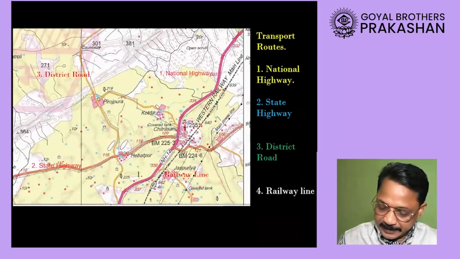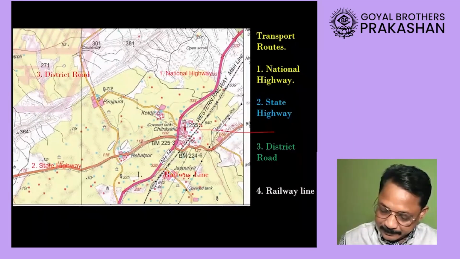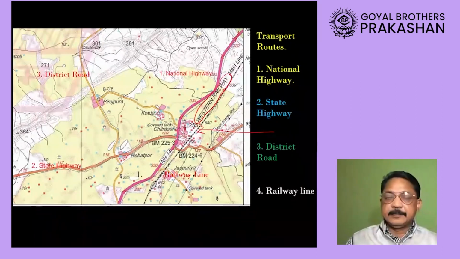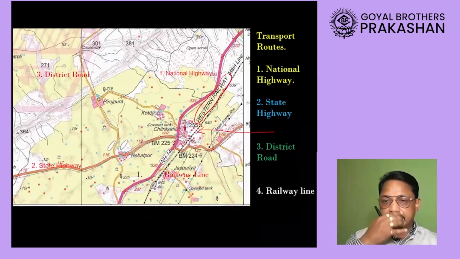Now here you will find a black color line and the name is also written here, Western Railway. That means that black color line indicates a railway line. So on a map these symbols appear with various lines.